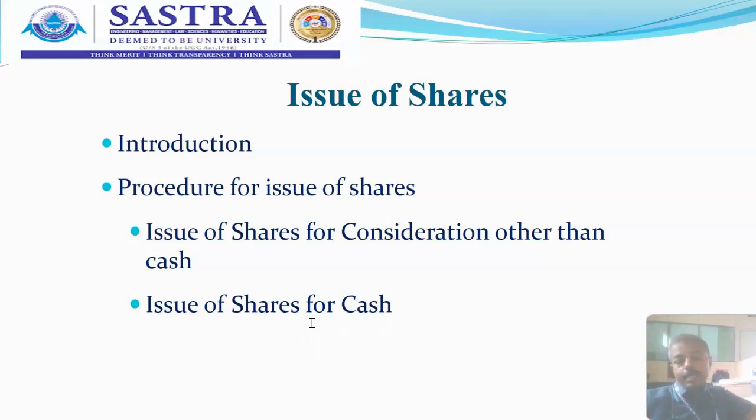The company may demand the remaining money in more than two installments. The amount called after allotment is known as call money. There may be one or more calls depending on the funds requirement of the company.